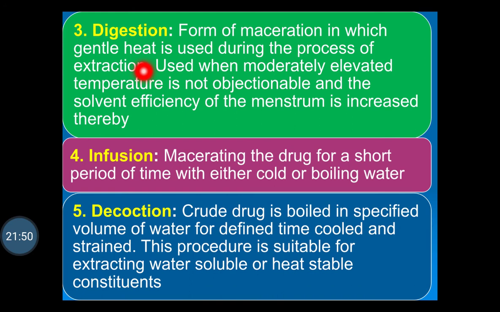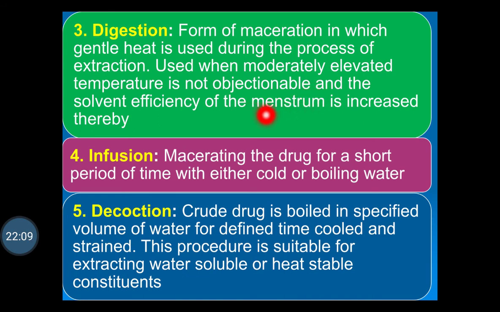Here gentle heat is used for the extraction, and it is used when a moderately elevated temperature is not objectionable. That is, the phytoconstituents present in the crude drug are thermostable in nature, and the solvent efficiency of the menstruum is increased thereby.